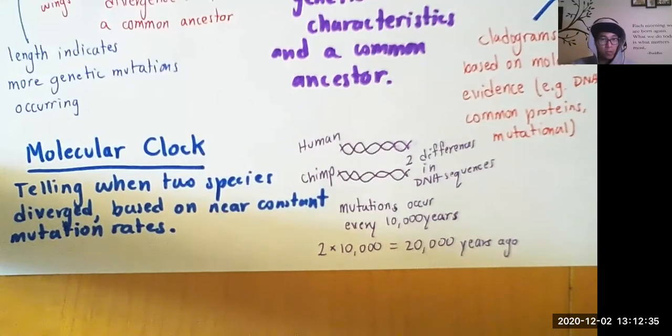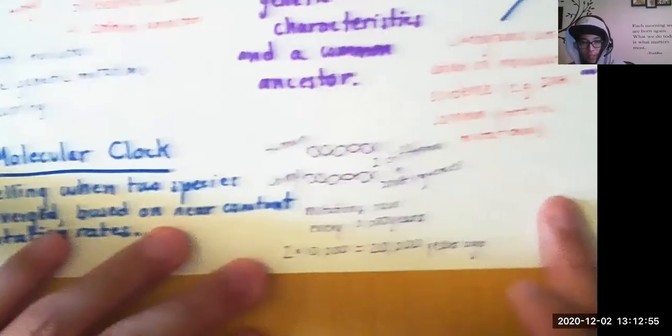That's pretty fast, but I'm just making some numbers up. 1,000 times 134, you're looking at 134,000. Now, this can only be done with comparing different species to each other. So there you go. That's called a molecular clock. It's a pretty cool idea.